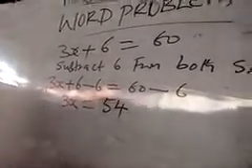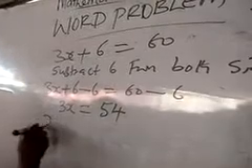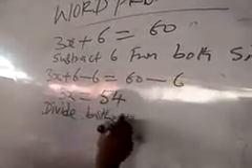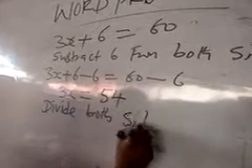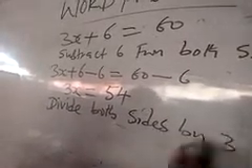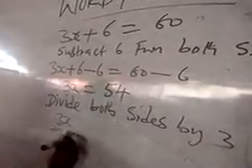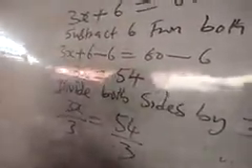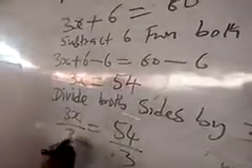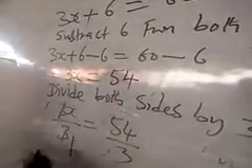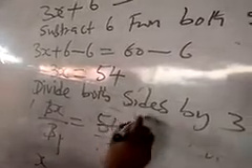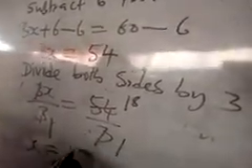Now divide both sides by 3, that is the coefficient of x. You have 3x over 3 is equal to 54 over 3. 3 divides itself, 1, you are left with x. Then 3 divides 54, this is 18. So x is equal to 18.